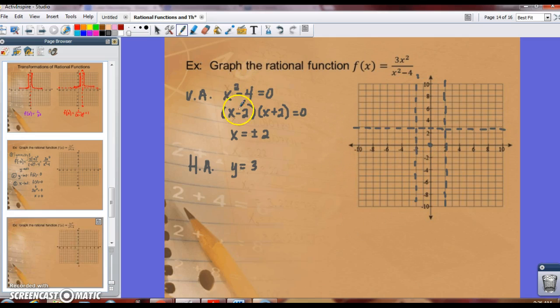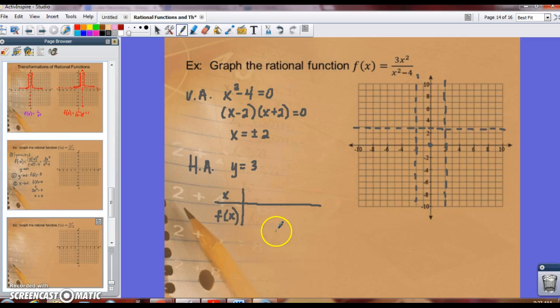That's our y-intercept. The only other thing we can really do is plot points beyond and between to get an idea of the general shape. One thing that we can use to our advantage is that we know that this has y-axis symmetry. So whatever I do on one side of my y-axis, I know is also going to work on the other side.